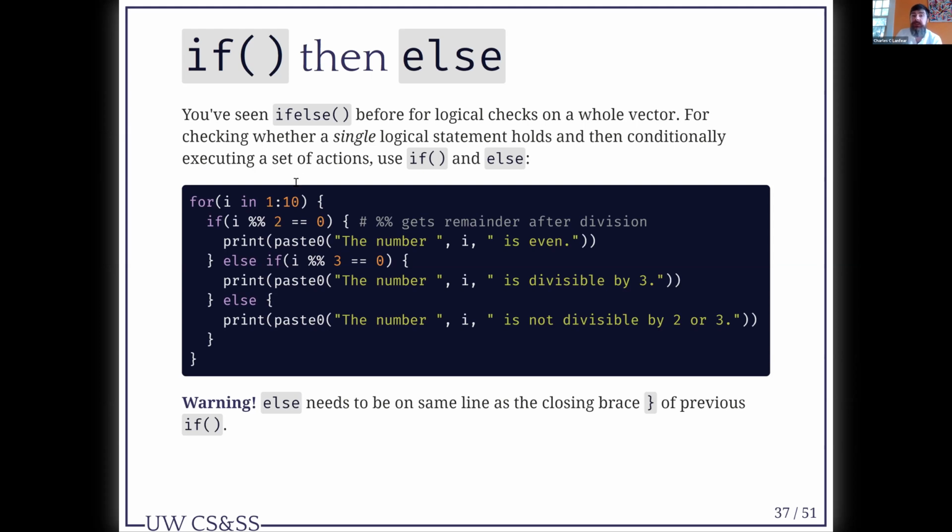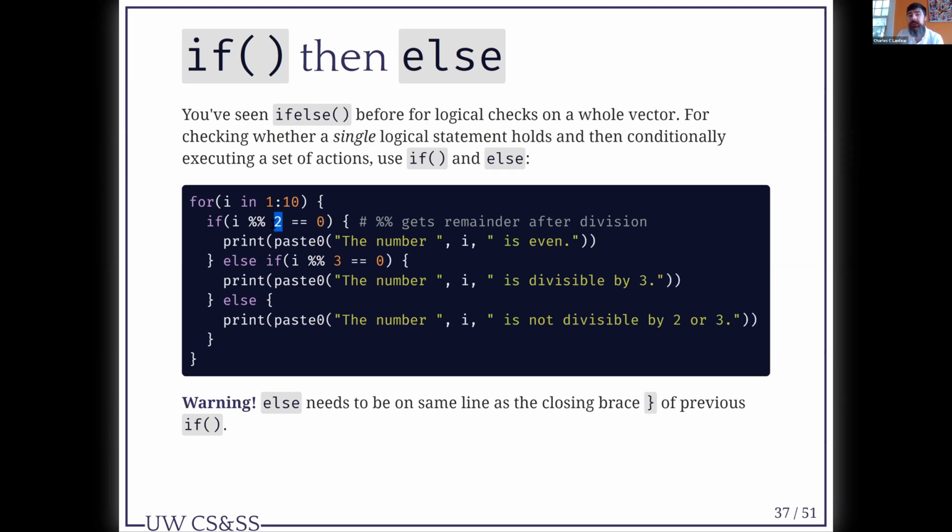Here's an example using a loop. I say for i in 1 to 10. So we're going to iterate through the numbers 1 through 10. I say if i modulo 2 equals 0. The modulus operator here takes the number on the left of it, divides it by this, and returns its remainder.